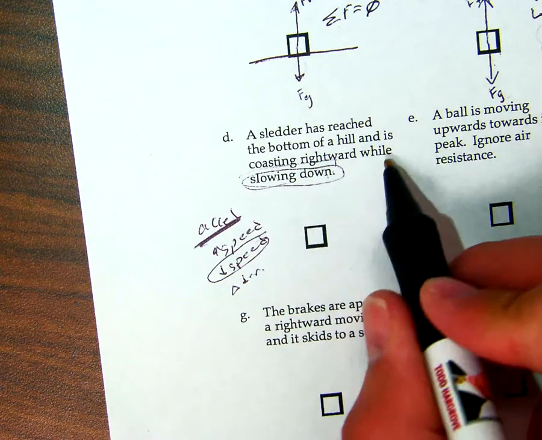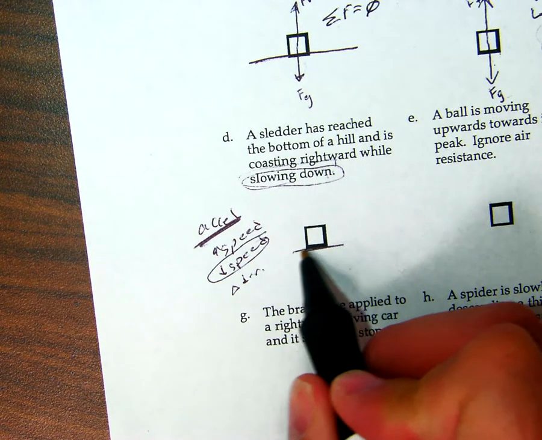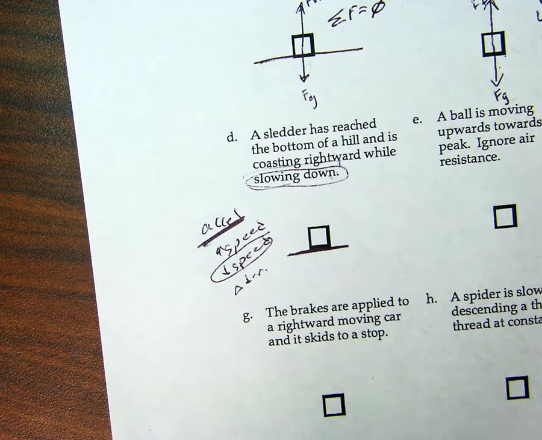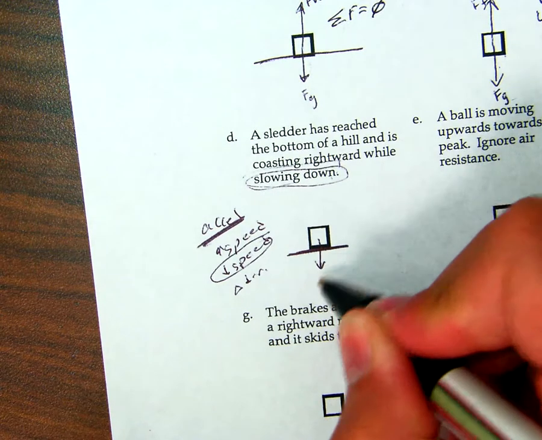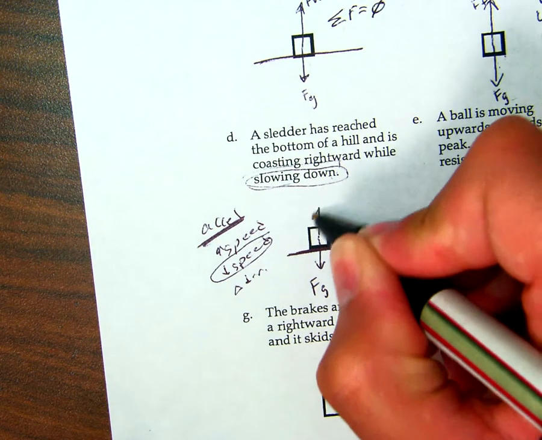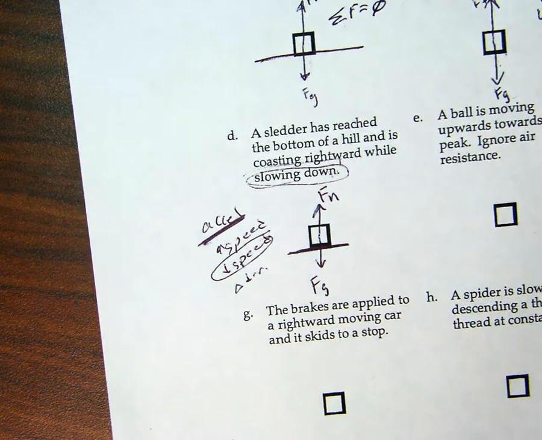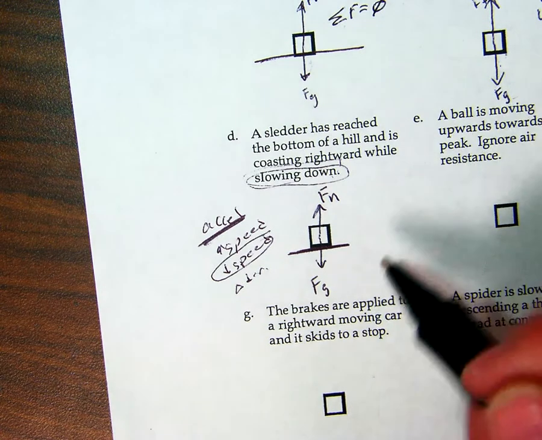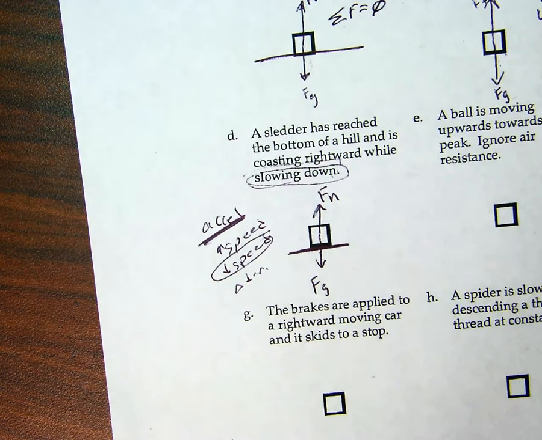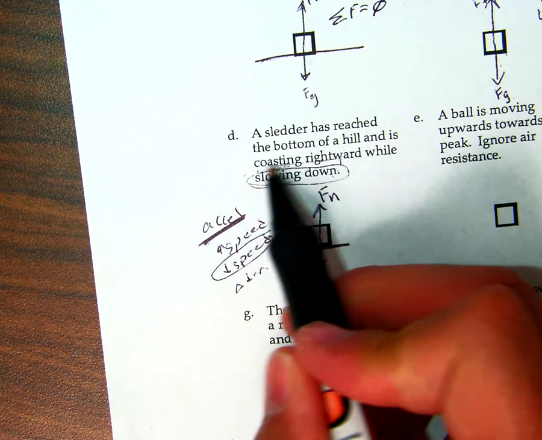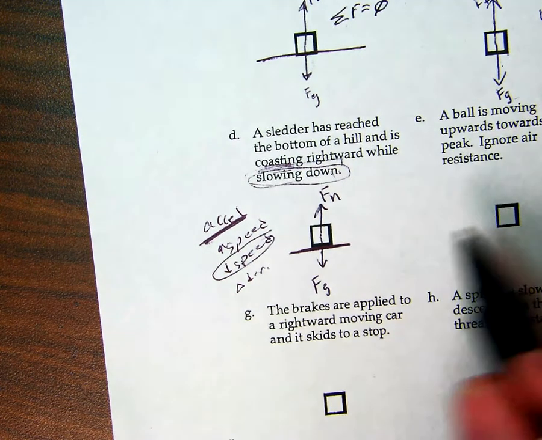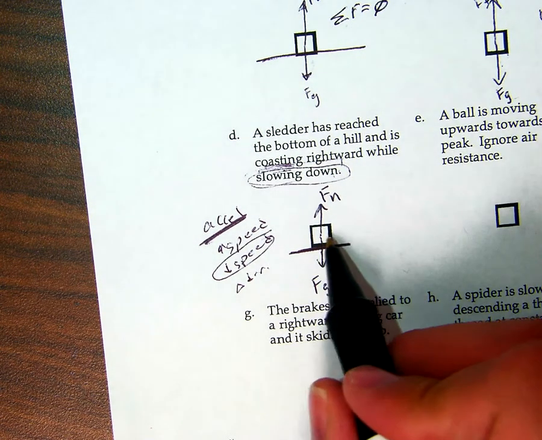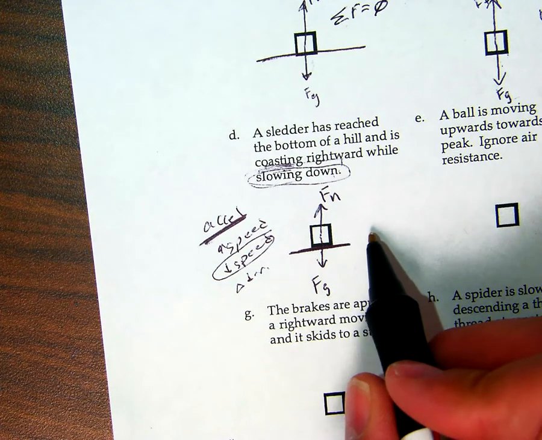So the sledder's reached the bottom of a hill, which means that it is on some type of a surface. So we should know at this point we have the force of gravity. We have the normal force acting on that, and so we know that these are going to cancel out. And it's coasting to the right. If we say that it's coasting, that means that we don't have any type of applied force that's pushing or pulling that sled to the right.